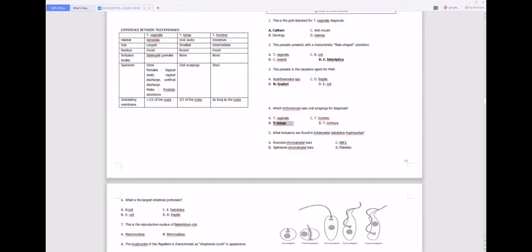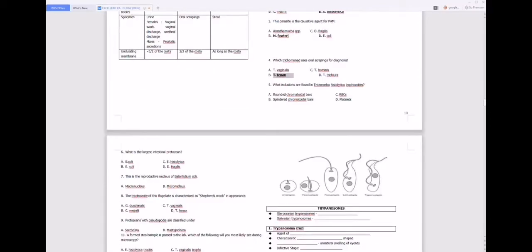Because Trichomonas vaginalis will use urine, vaginal swab, vaginal discharge, urethral discharge, and prostatic discharge as a specimen of choice, while Trichomonas hominis and Trichuris trichiura will use stool samples for its diagnosis. Okay, so the answer is letter B, Trichomonas tenax.